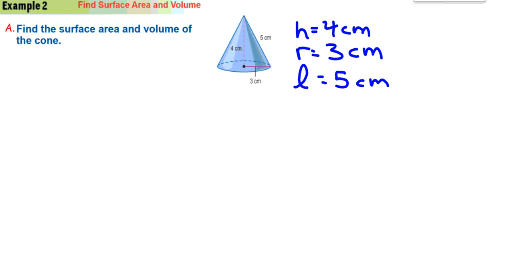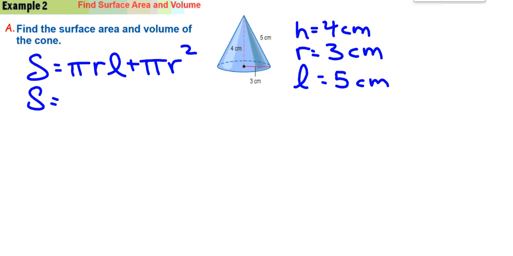And to me, if I identify those, then I write my formula, then I know what's happening as I go through this. And so I need to know now how to find the surface area of a cone. What's my formula? Okay, S for surface area, and then go ahead and do this also.